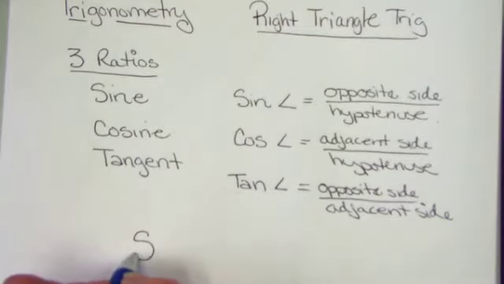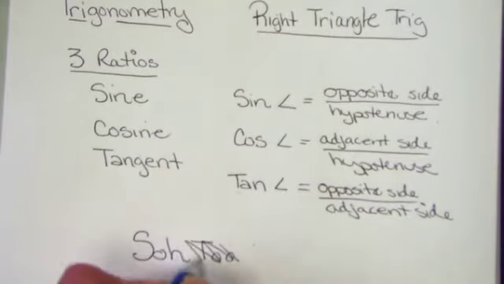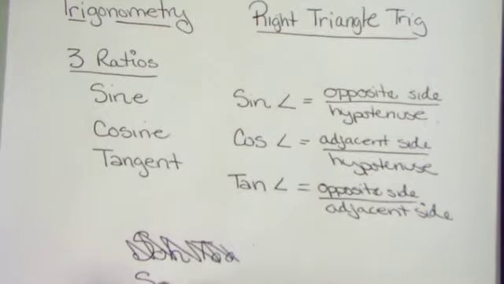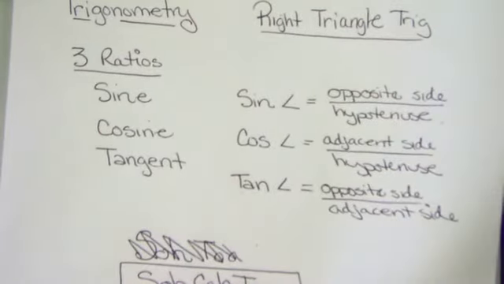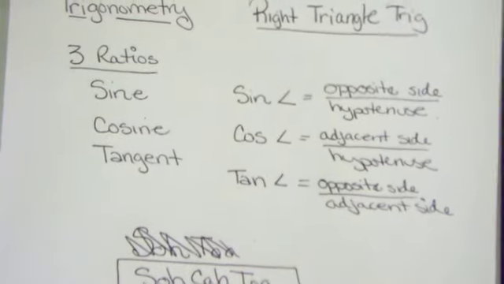We can use the word SOHCAHTOA. Oh, I just spelled it wrong. Sorry. SOHCAHTOA as a device to help us to memorize our 3 trig ratios.